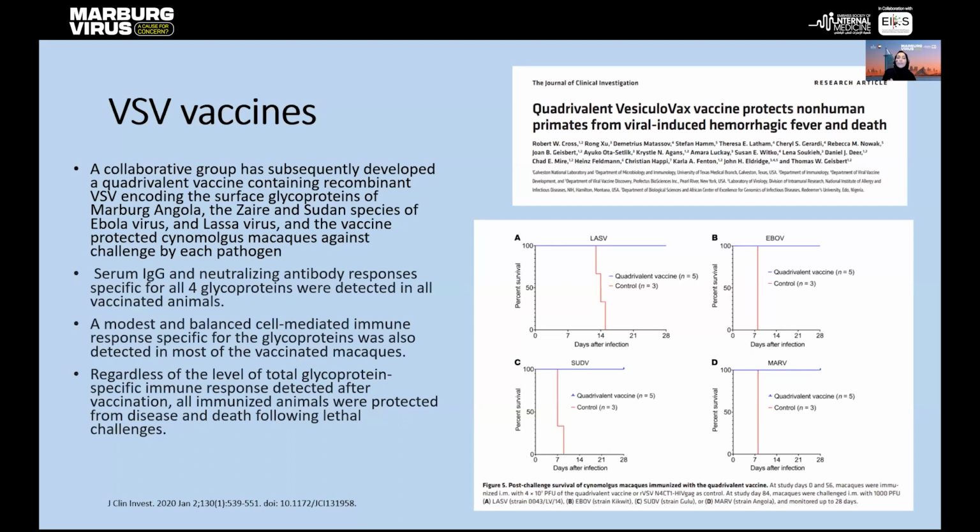Serum IgG and neutralizing antibody responses specific for all 4 glycoproteins were detected in all vaccinated animals, and a modest and balanced cell-mediated immune response specific for the glycoprotein was also detected in most of the vaccinated animals. Regardless of the level of glycoprotein immune response detected after vaccination, all immunized animals were protected from disease and death following lethal challenge. So this is a very promising vaccine, and hopefully soon we will see clinical trials.